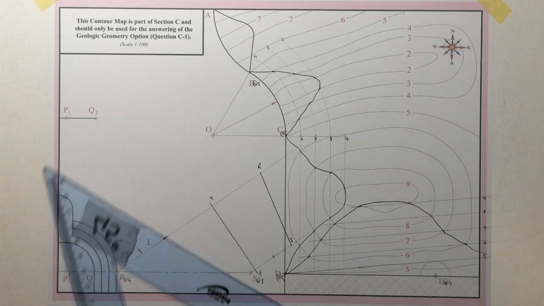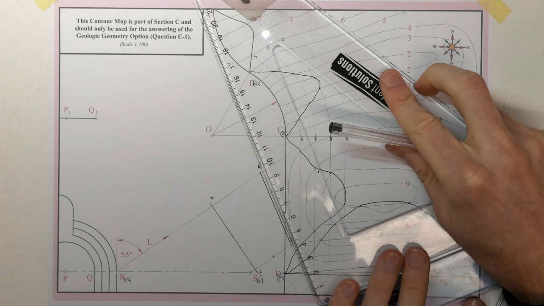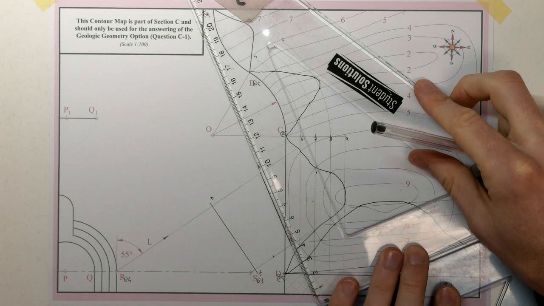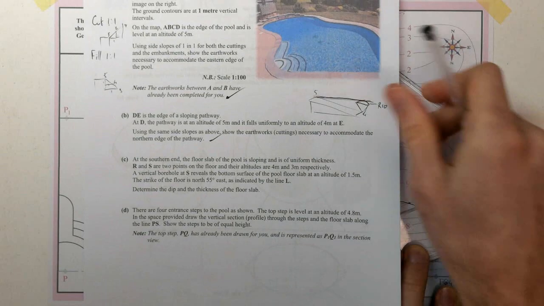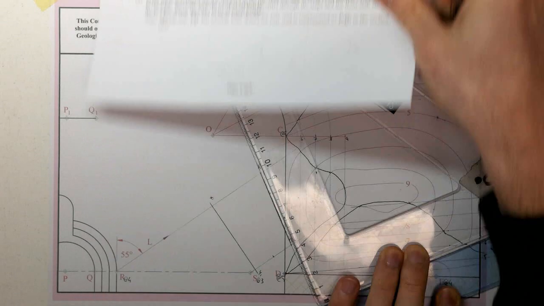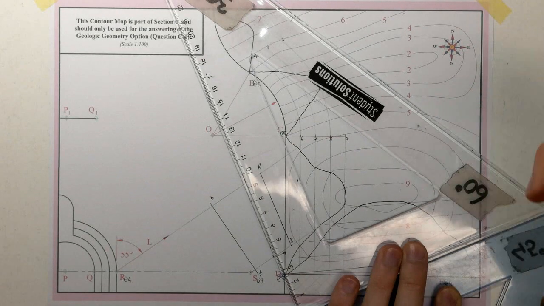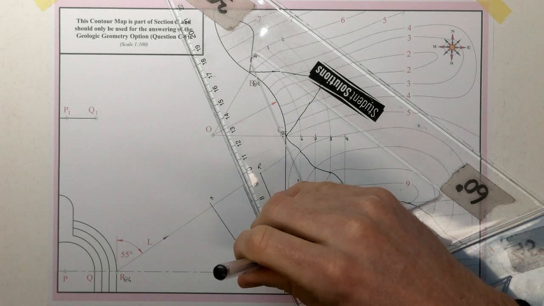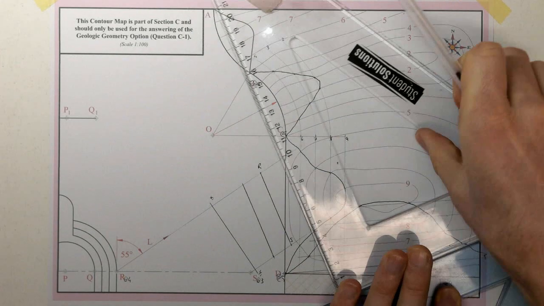So what we're going to have now is our pool base is a uniform thickness, just to show you that, sloping and of a uniform thickness. So that means we can run a parallel line here to show the base of our pool.